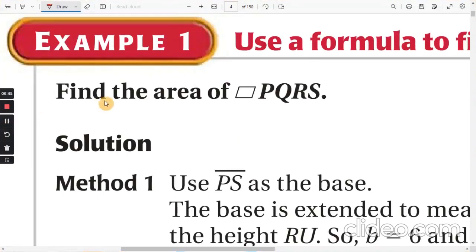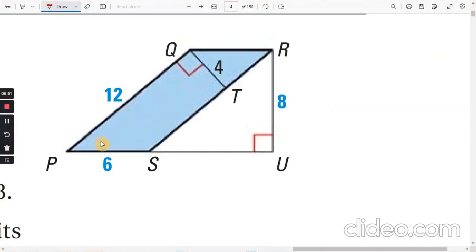Example 1, find the area of parallelogram PQRS. So we have PQRS, that's this part in blue, and we said the area of a parallelogram is just base times height. We said that you can use either pair of parallel sides as the bases. So I have this side here parallel to this side here.